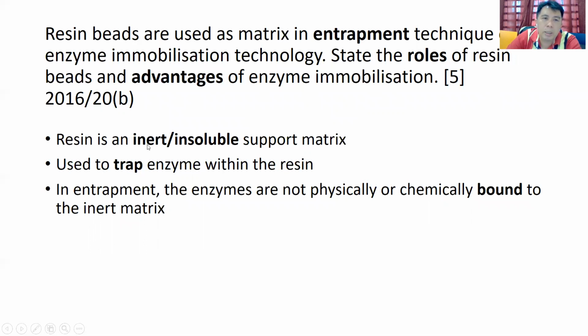So resin is an inert, insoluble support matrix, and it is used to trap the enzyme within the resin. The enzymes are trapped in the resin, not attached. You must remember entrapment is to trap, not to attach. In entrapment, the enzymes are not physically or chemically bound to the inert matrix.